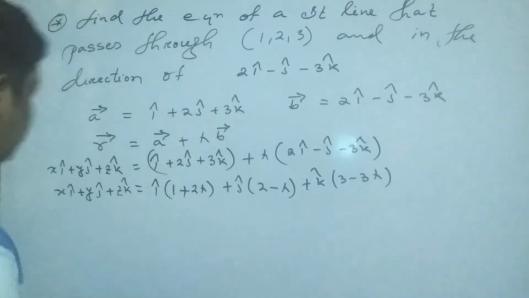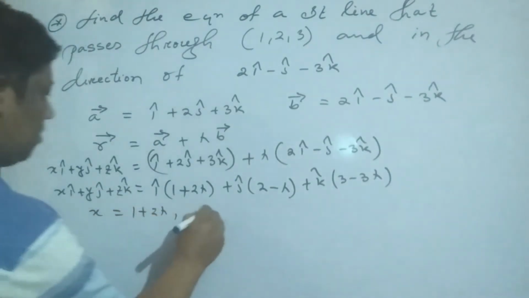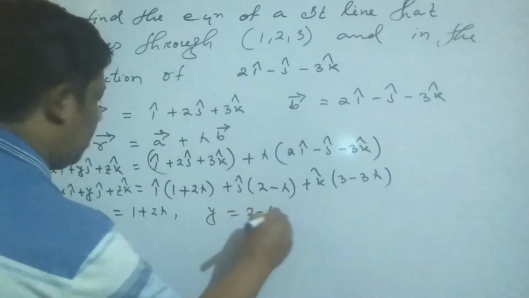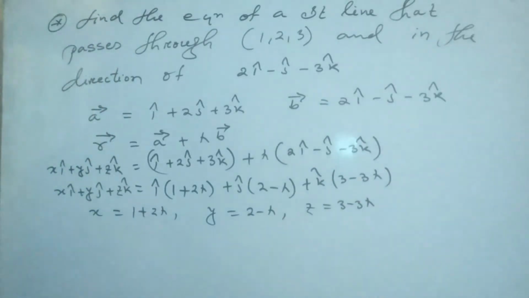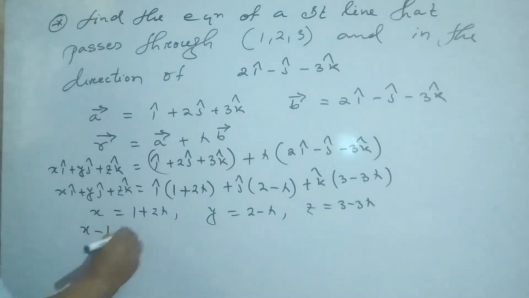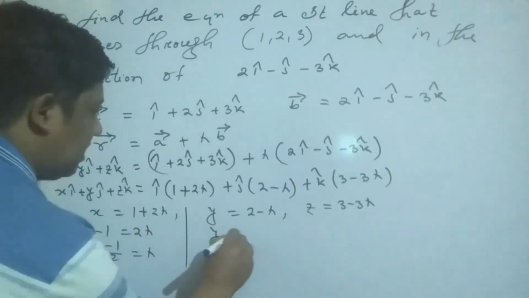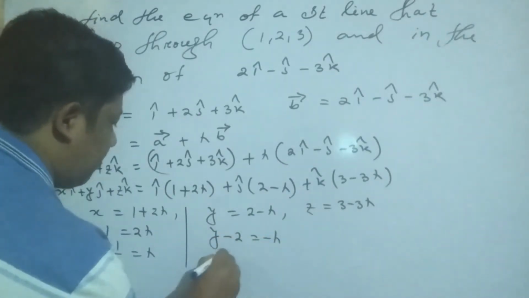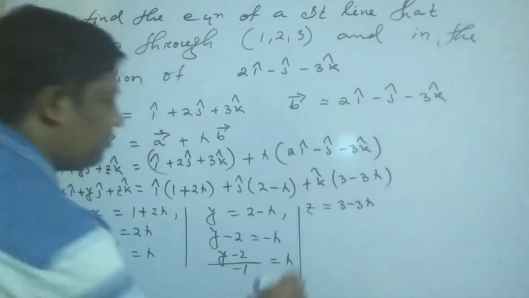Now you compare both sides. Then x equal to 1 plus 2 lambda, y equal to 2 minus lambda, and z equal to 3 minus 3 lambda. So I get the coefficients like this. Then x minus 1 equal to 2 lambda, so x minus 1 upon 2 equal to lambda, and y minus 2 equal to minus lambda, therefore y minus 2 upon minus 1 equal to lambda.